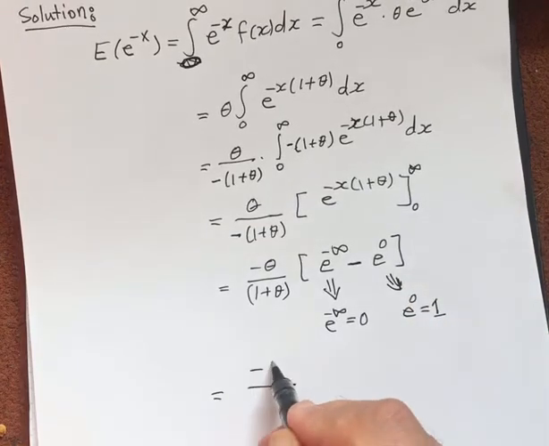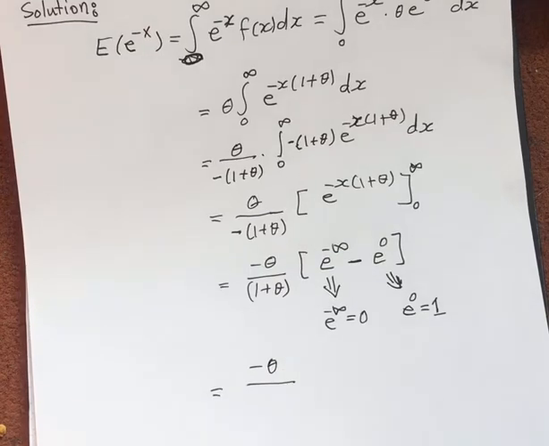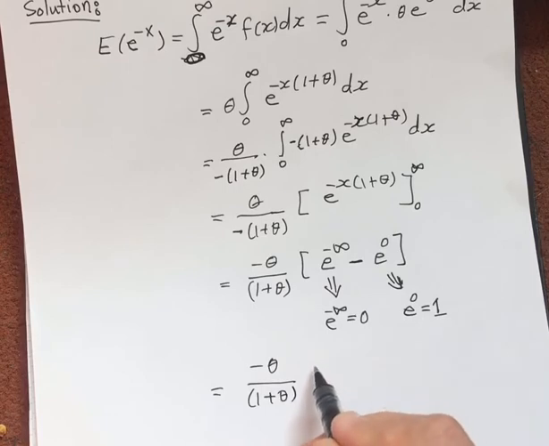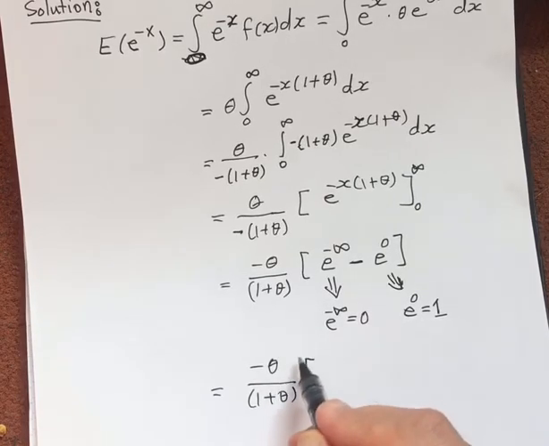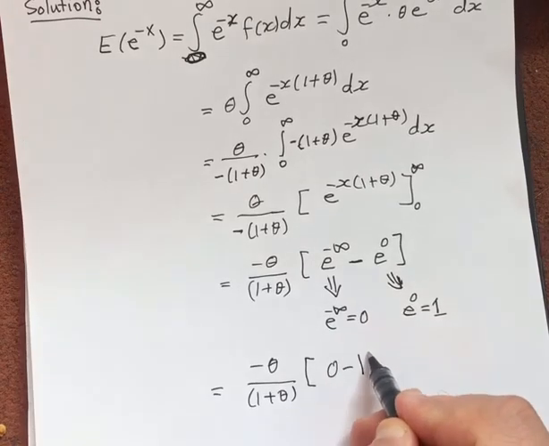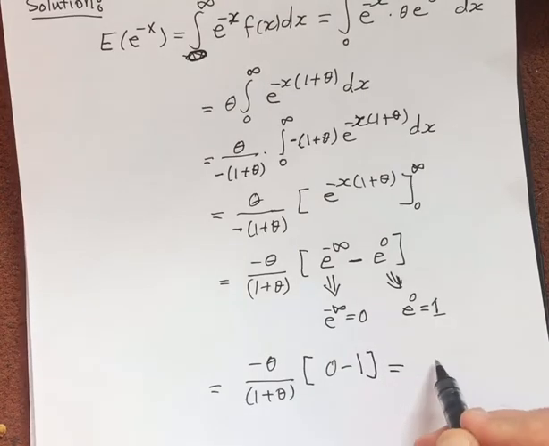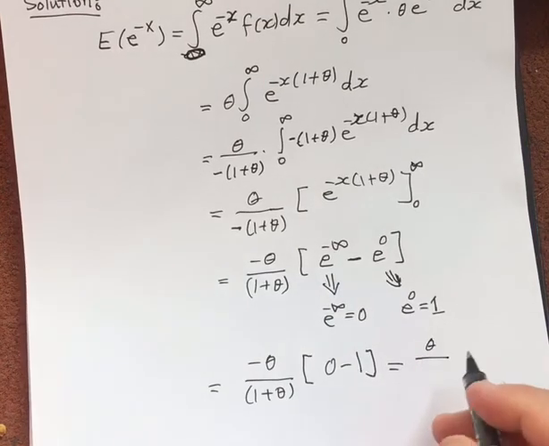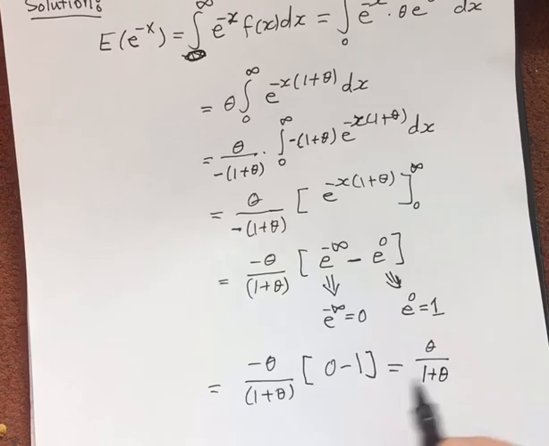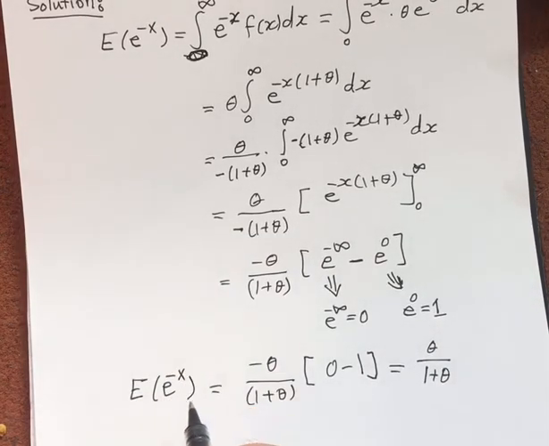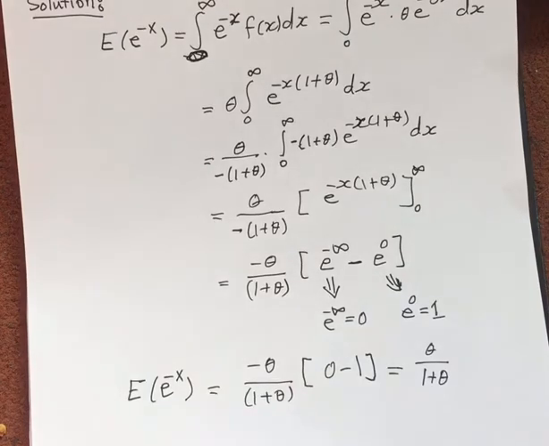So minus theta over 1 plus theta times the brackets, 0 minus 1, equals theta over 1 plus theta, and that will be the expectation of e to minus X if X is exponential with parameter theta, X a continuous random variable.